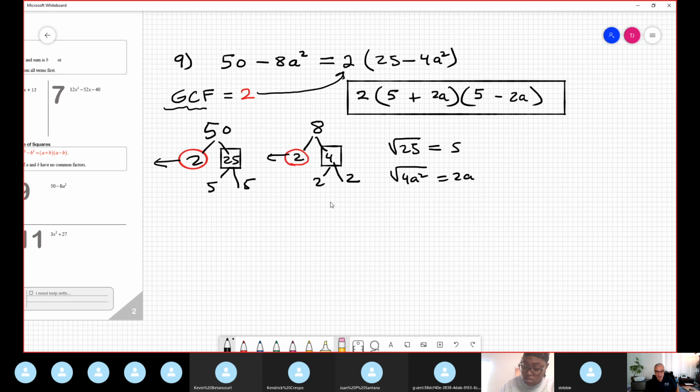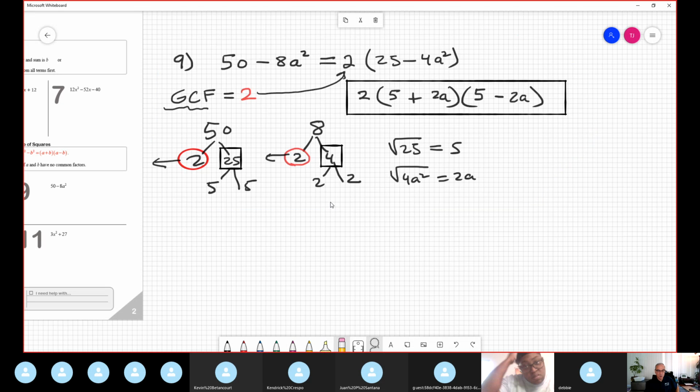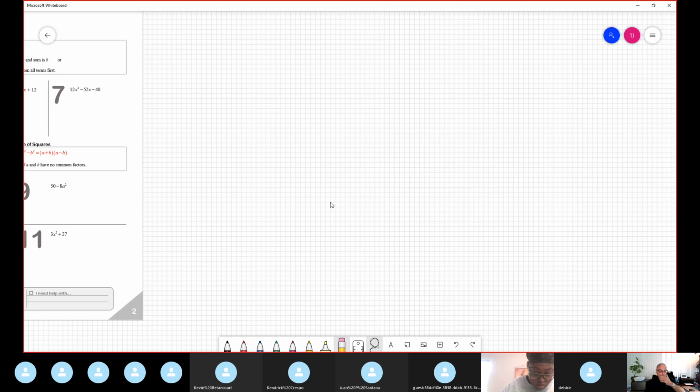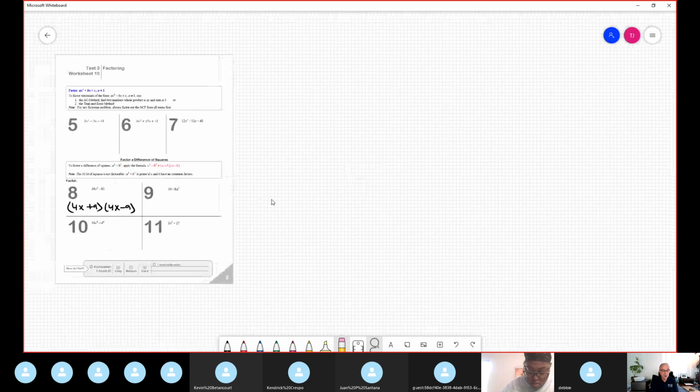Okay, so now in real life, we combine different techniques. Remember the strategy. The strategy is, number one, investigate if we have a GCF or not. If the answer is yes, then you factor out. If the answer is no, keep going. Keep going, how many terms? For 4, grouping.